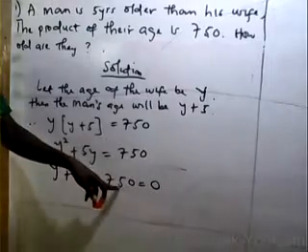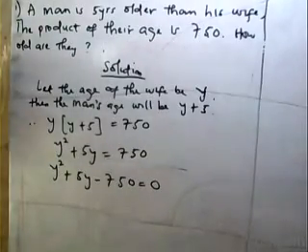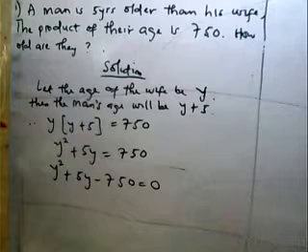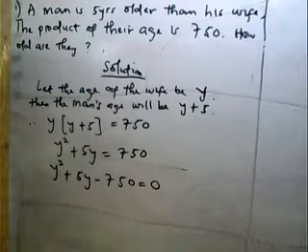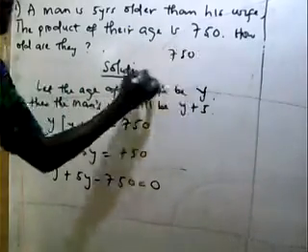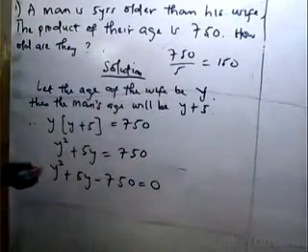The first thing is you divide 750 by the coefficient of y, which is 5. So 750 divided by 5 gives us 150.